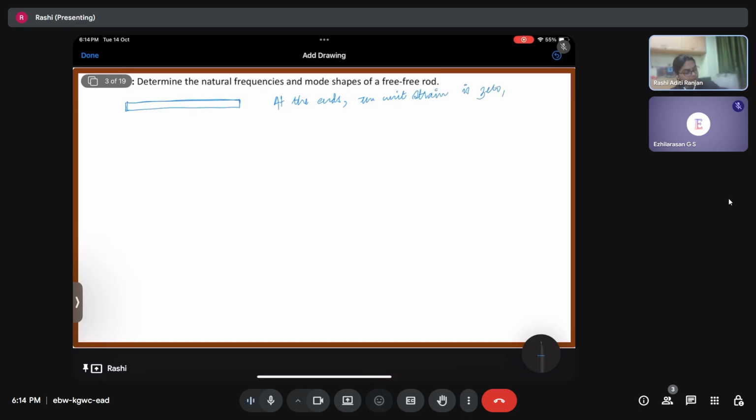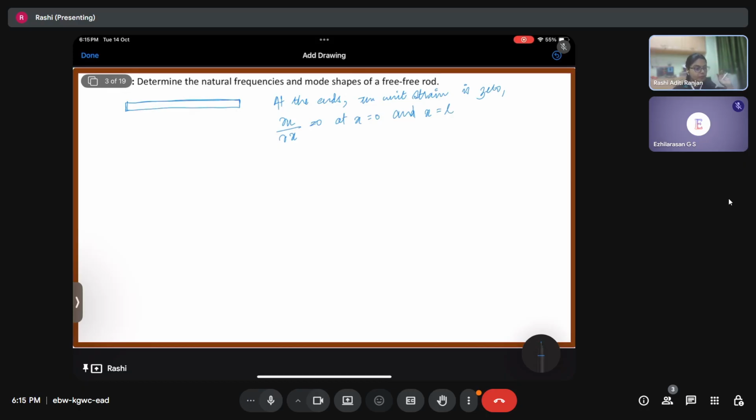Which means what? Del u by del x is equal to 0 at x equals 0 and x equals L, right? Why del u by del x? Because del u by del x is the change of the deflection u with respect to x, because x is in this direction and the deflection is in the lateral direction.